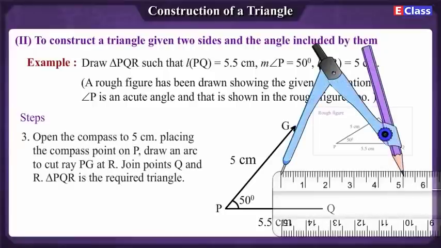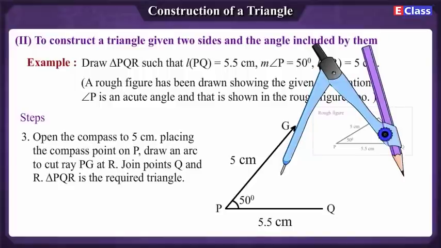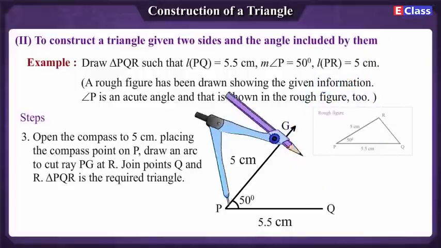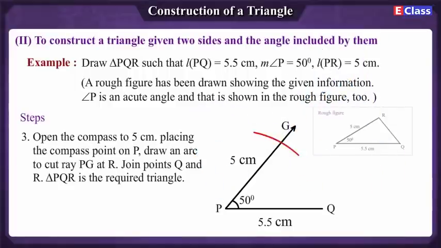Open the compass to 5 centimeters, placing the compass point on P. Draw an arc to cut ray PG at R. Join points Q and R. Triangle PQR is the required triangle.